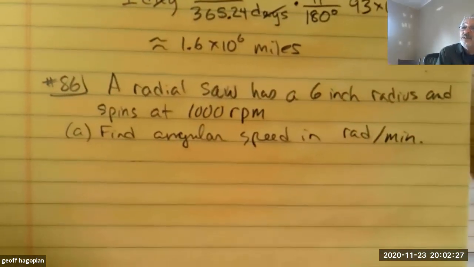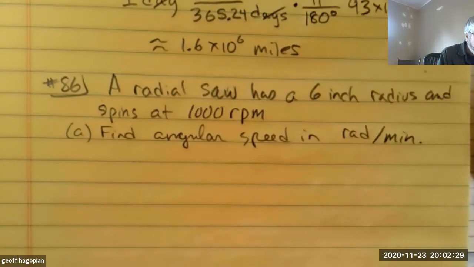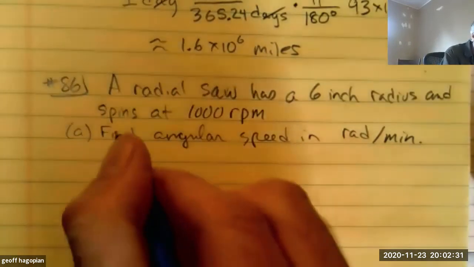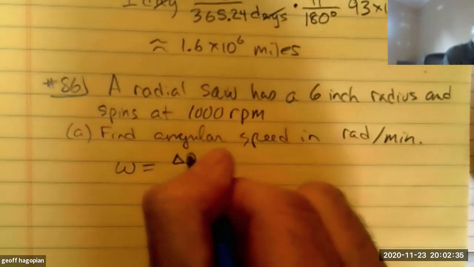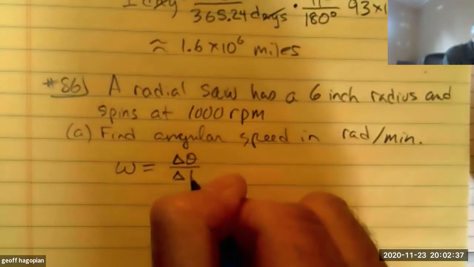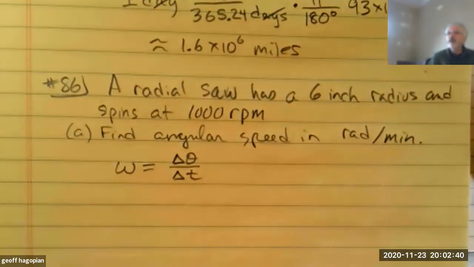Okay, so the angular speed is the change in angle per change in time, right? That's a delta for change, just like when we have slope, we write delta y over delta x. That means change in y over change in x. This is change in theta over change in time.